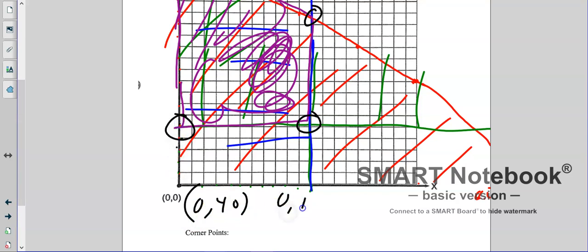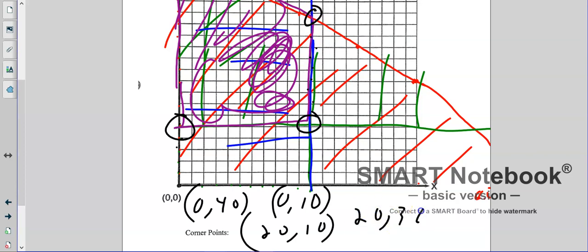This was 0, 10. This was 20, 10. And 10, 12, 14, 16, 18, 20, 22, 24, 26, 28, 30. 20, 30. Those are my corner points of the area, the overlap area.